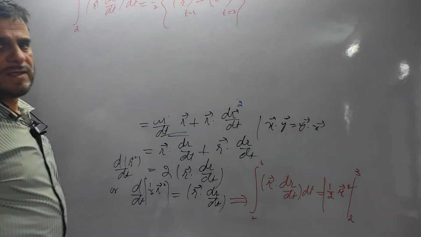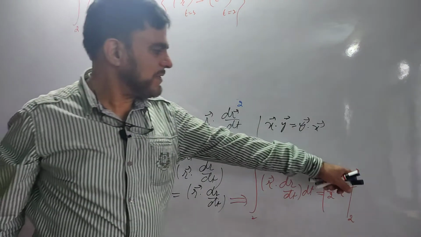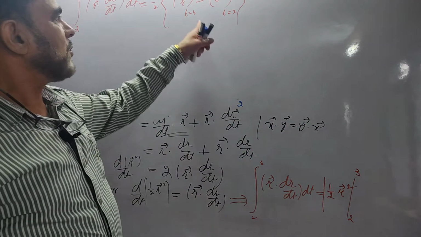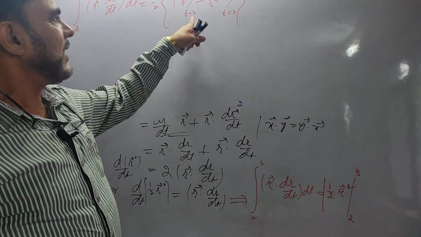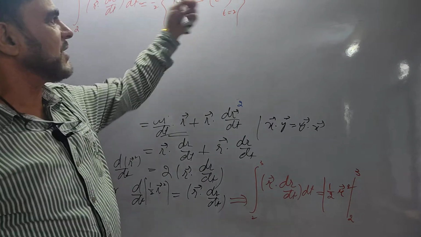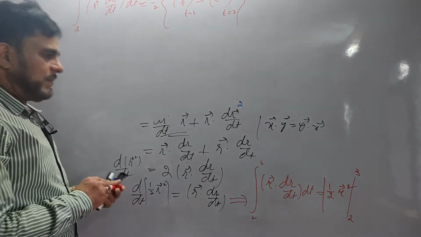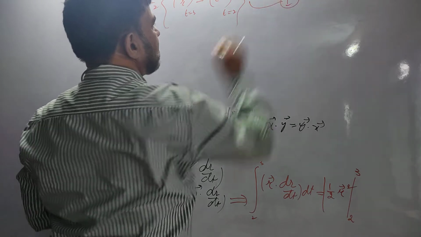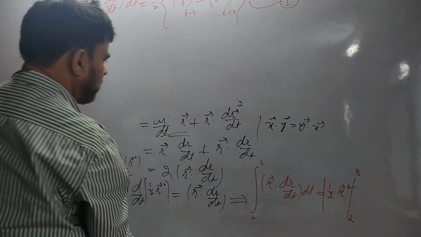What I am doing here is replacing the upper limit first, then minus the lower limit, the definite integral. So I have to find the value of r square at t equal to 3 and at t equal to 2, use it here and find the result. Let me name this equation the first equation.